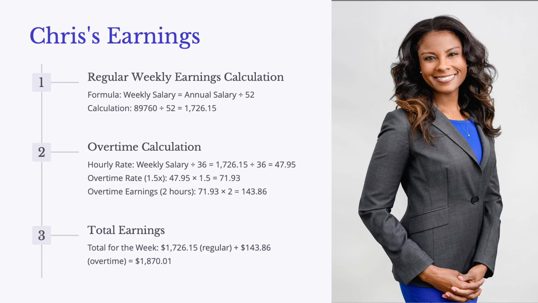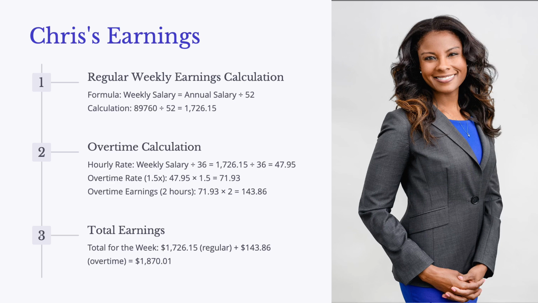So, starting with Chris, who has an annual salary of $89,760. We divide her annual salary by 52 to calculate her weekly earnings, which come to $1,726.15. Chris also worked 2 hours of overtime, so we calculate her hourly rate by dividing her weekly salary by 36 hours, resulting in an hourly rate of $47.95.